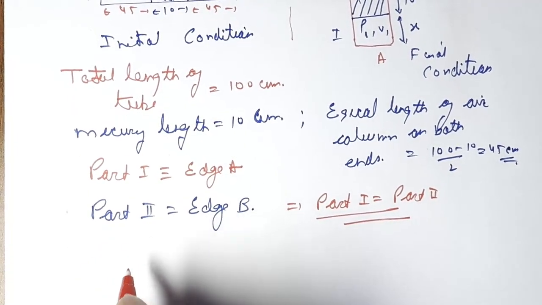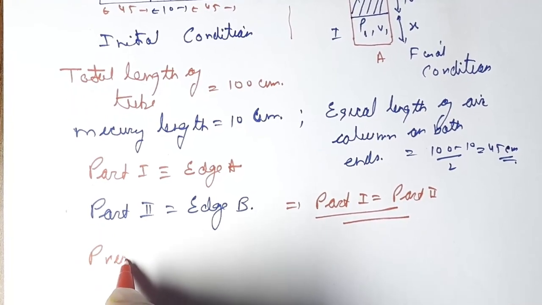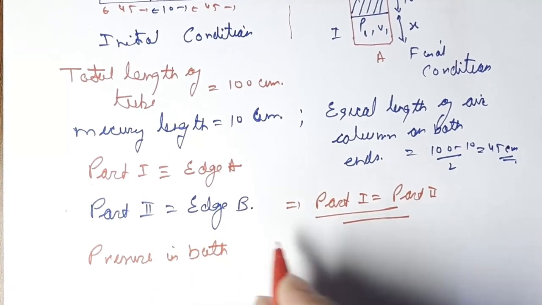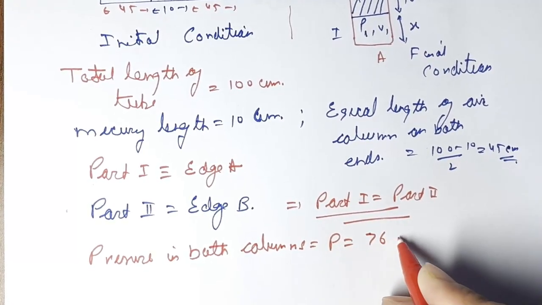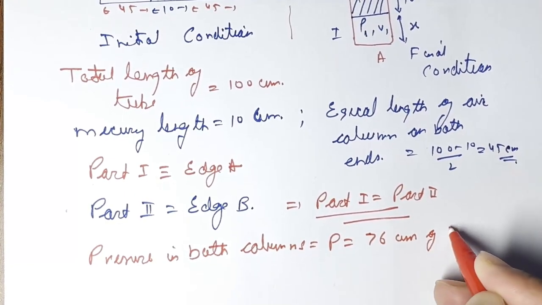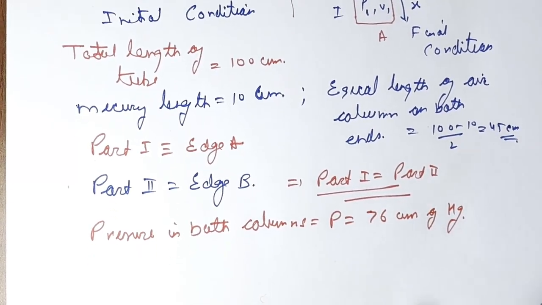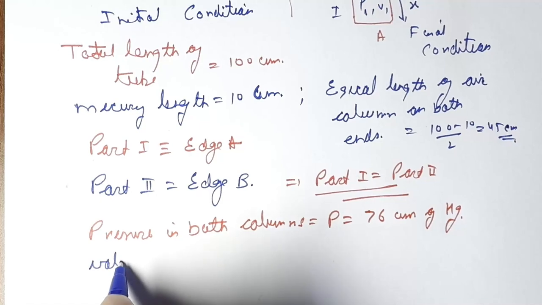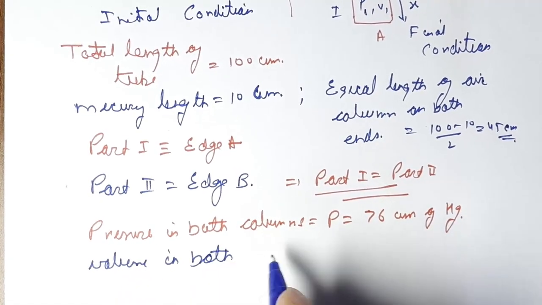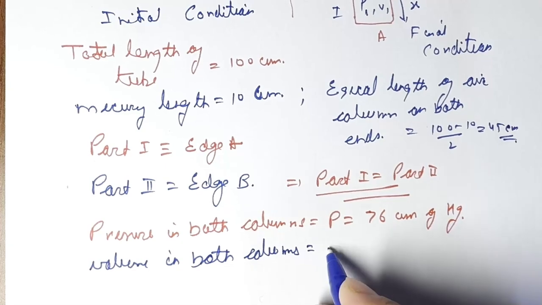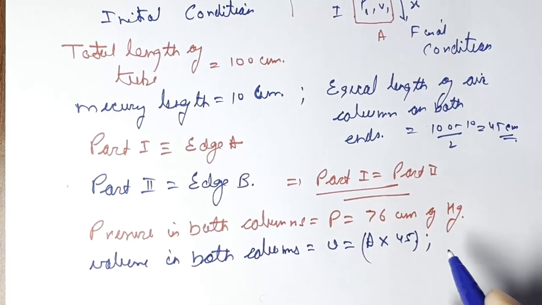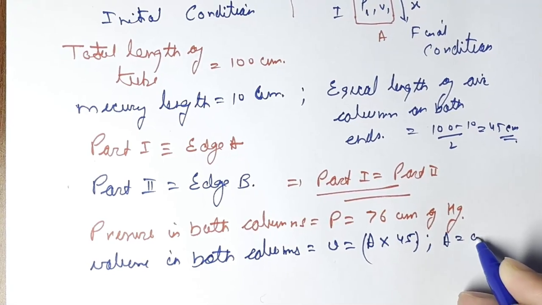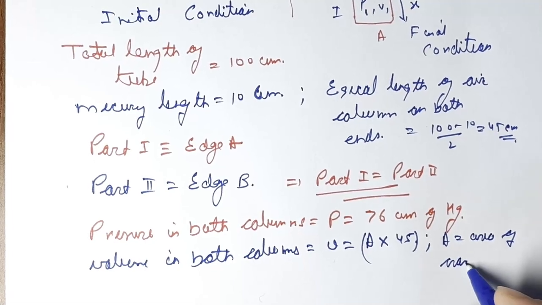So we can write that the pressure in both columns, let us call that P, is given as 76 centimeter of mercury, and the volume in both columns, let us call that V, will be equal to A multiplied by 45, where A is the area of cross section of the tube.